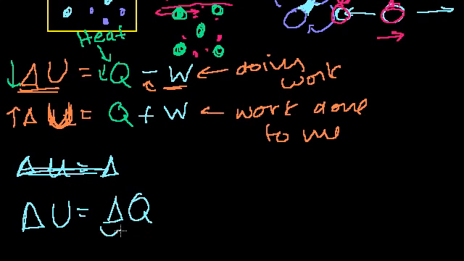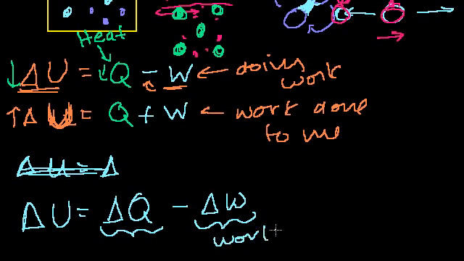But you can also view this as the heat added to the system minus the change in work, which is a little non-intuitive, because when you talk about heat or work, you're talking about transferring of energy. So when you talk about change in transfer, it becomes a little confusing. Sometimes the delta work means the work done by the system. So obviously, if you have some energy, you do some work, you've lost that energy, you've given it to someone else, you'd have a minus sign there.